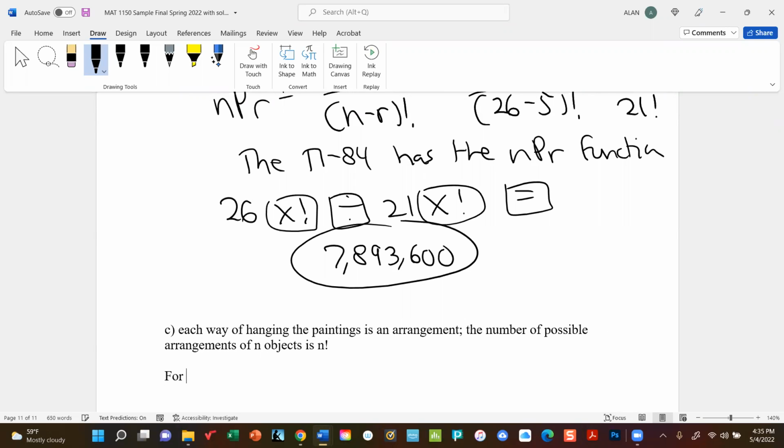So for 6 paintings, the number of possible arrangements is 6 factorial, which is 6 times 5 times 4 times 3 times 2 times 1, which is 720. And that's your final answer.